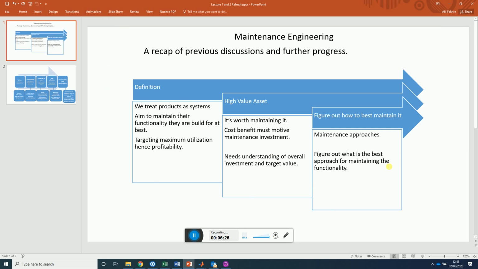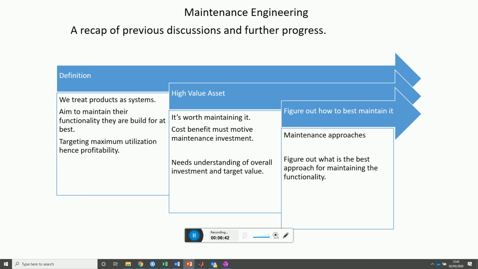Right, so maintenance engineering, as we picked up, and we all agreed that as engineers, we need to really understand what maintenance engineering really means. We agreed so far in our previous discussion that as engineers, we design systems.